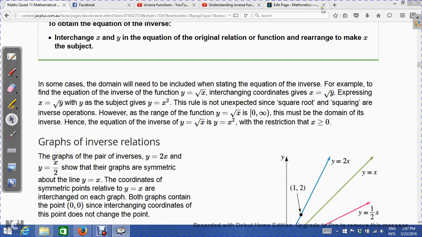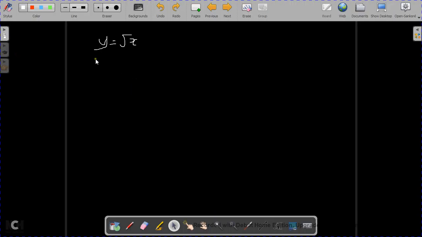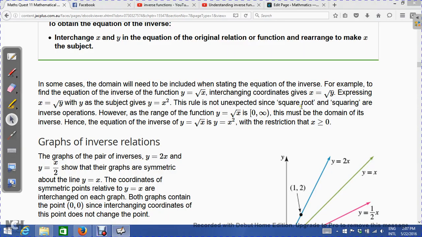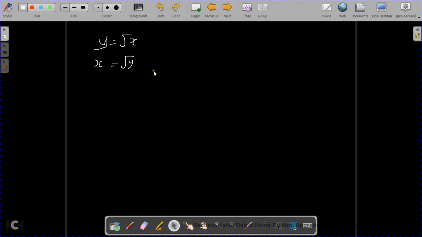Interchanging the coordinates, so finding the inverse, we'll get x equals square root of y. Expressing this so we have y as the subject, we get y equals x squared. Okay, so that's just solving so we get y by itself. Squaring both sides, we'll have y equals x squared.